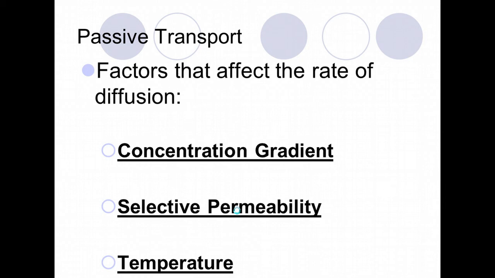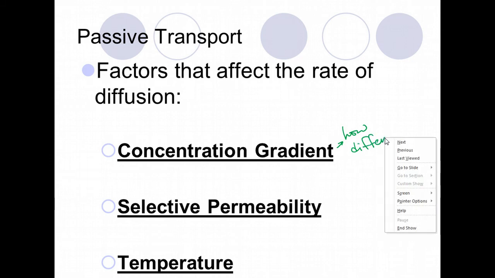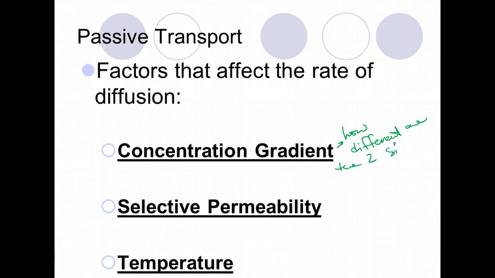Alright, so there are some factors that affect the rate of diffusion. We've got the concentration gradient, a selectively permeable membrane, and temperature. So a gradient is how different the two sides are in terms of concentration, so how densely packed. Selectively permeable, some things can get through, some things can't.